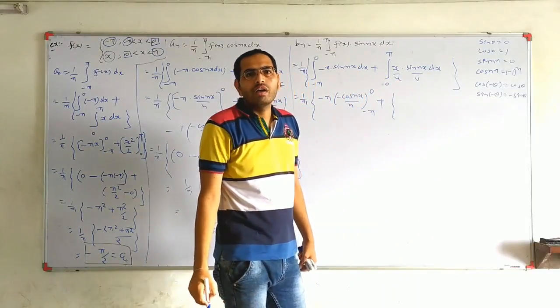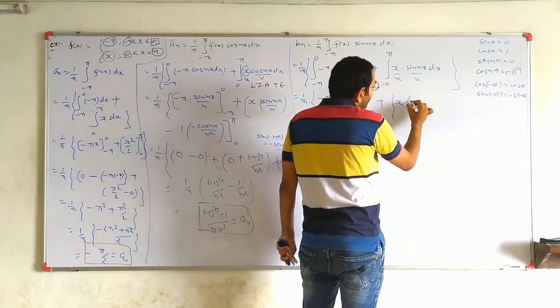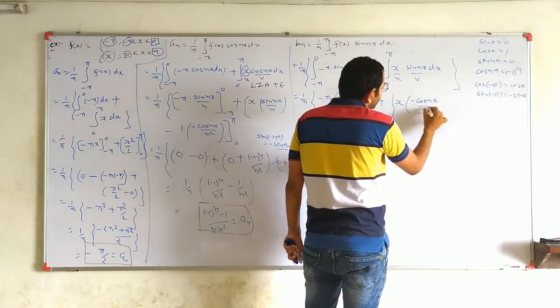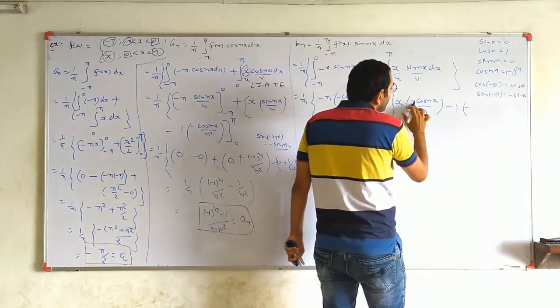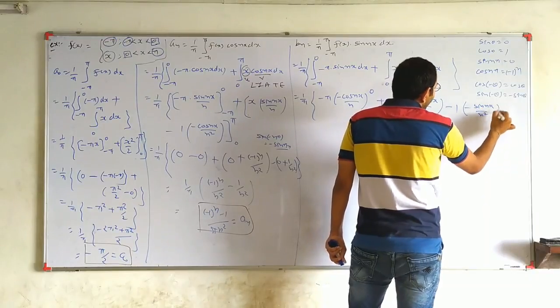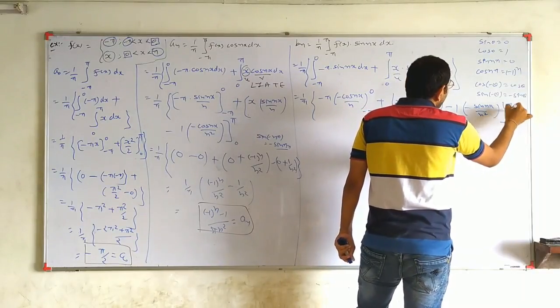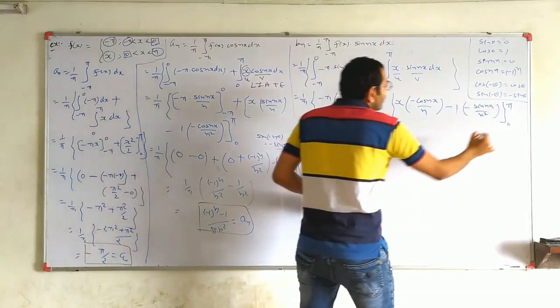Then we apply Bernoulli's rule: u as it is, integral of v means minus cos nx upon n, minus 1, derivative of u, integral of v, then sin nx upon n square, from 0 to pi, upper limit minus lower limit.